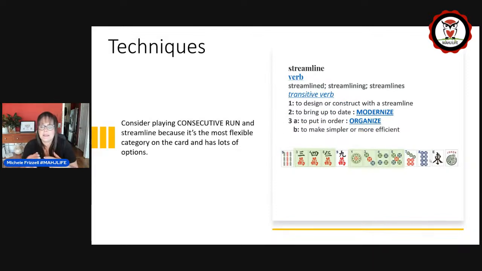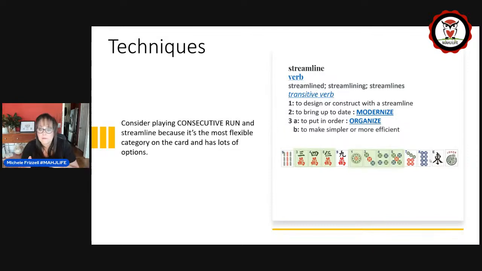There's another technique, and there are several times that you might want to use this technique. It's called streamlining. You can streamline by playing consecutive run. If you think about consecutive run, you have 3 suits numbered 1 through 9. That's significantly more tiles than if you're playing evens, odds, 3, 6, 9, winds, dragons, like numbers.